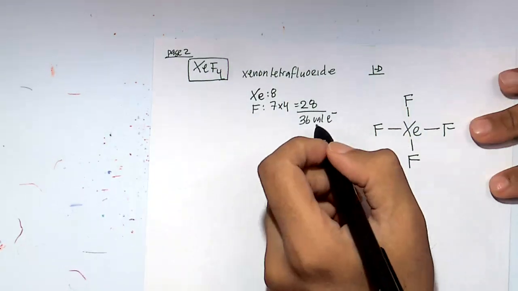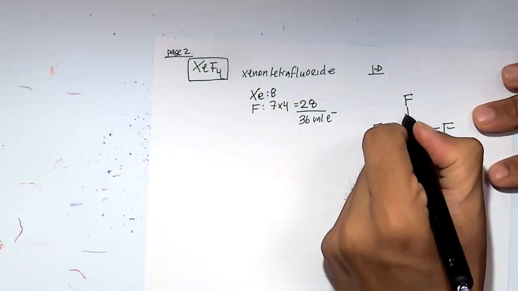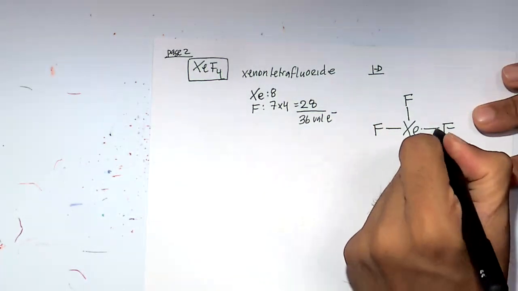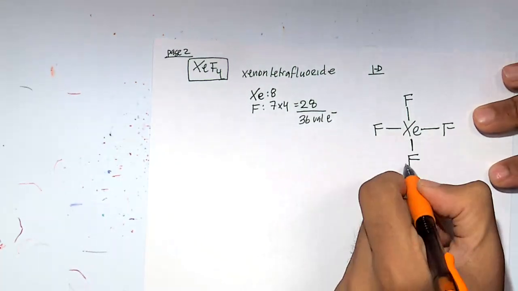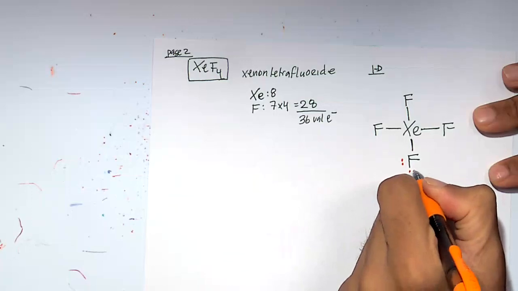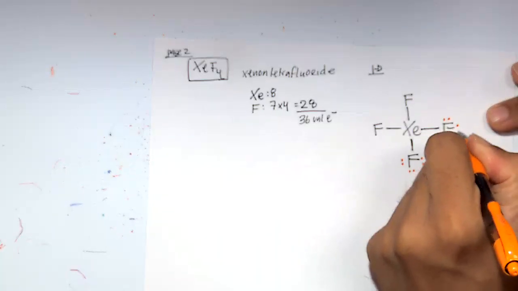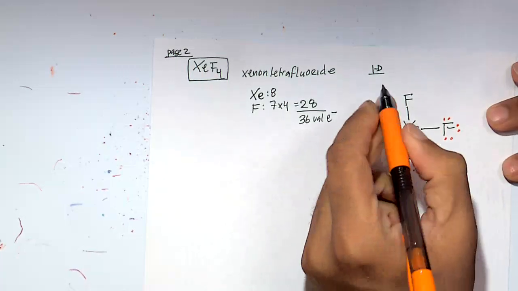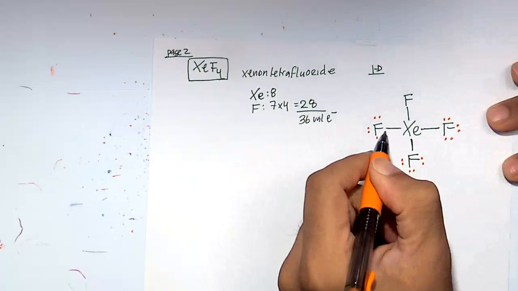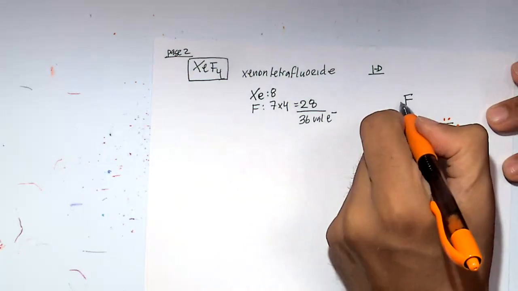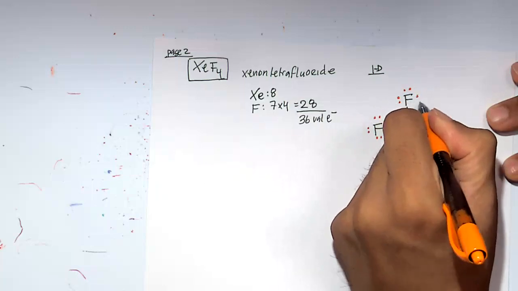We need to get 36 valence electrons. 1, 2, 3, 4, 5, 6, 7, 8, 9, 10, 11, 12, 13, 14, 15, 16, 17, 18, 19, 20, 21, 22, 23, 24, 25, 26, 27, 28, 29, 30, 31, 32.